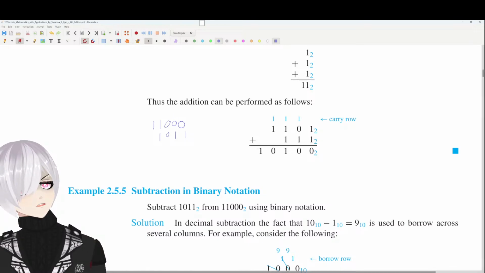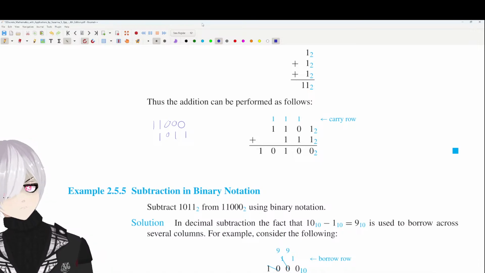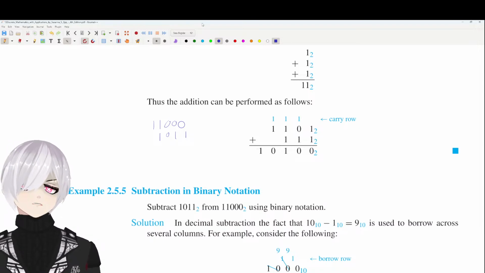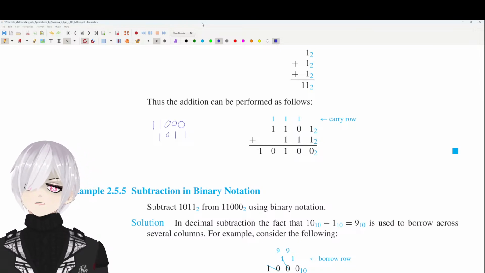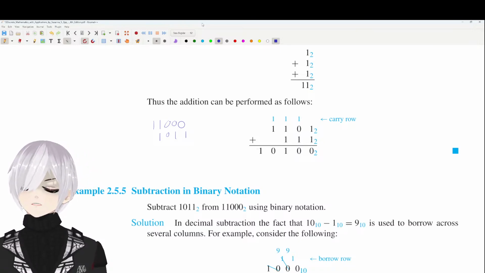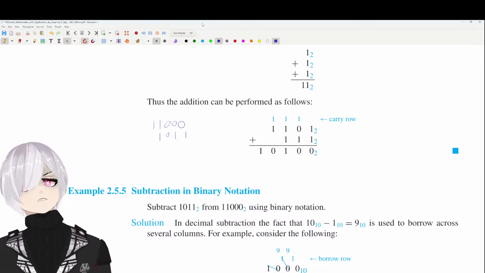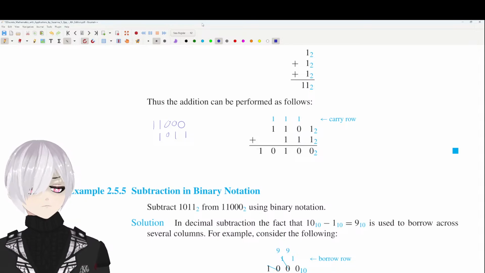So we need to imagine borrowing from the previous 0, but that's actually a 0, so we can't borrow. We need that previous 0 to be a 10 so that we can borrow a 1 from it. To make that previous 0 a 10, we need to have borrowed from the previous 0, but that would also need to have been a 10, so we need to borrow from the previous 1. This is the hardest part. This is definitely the crux of the chapter, I think.